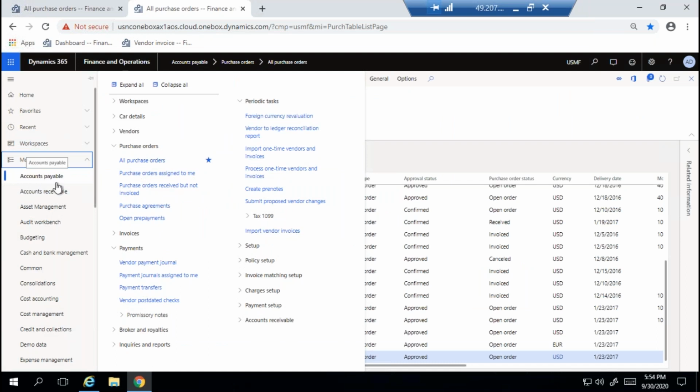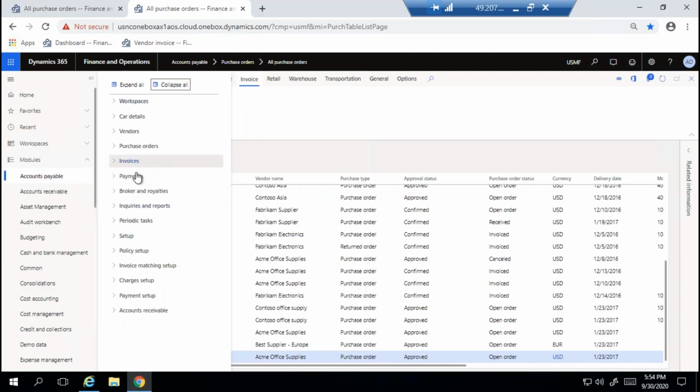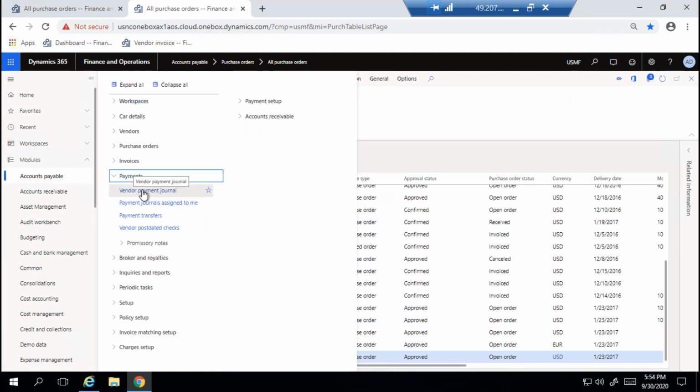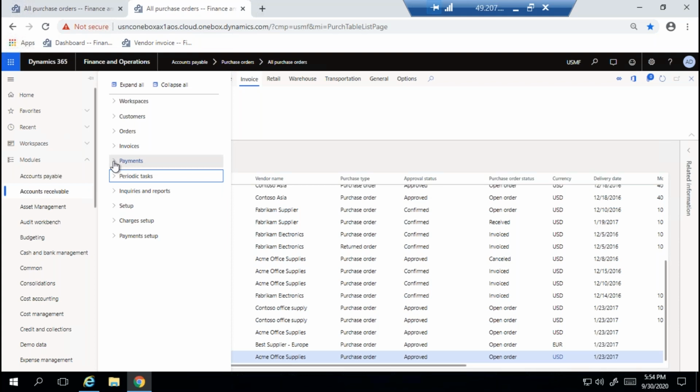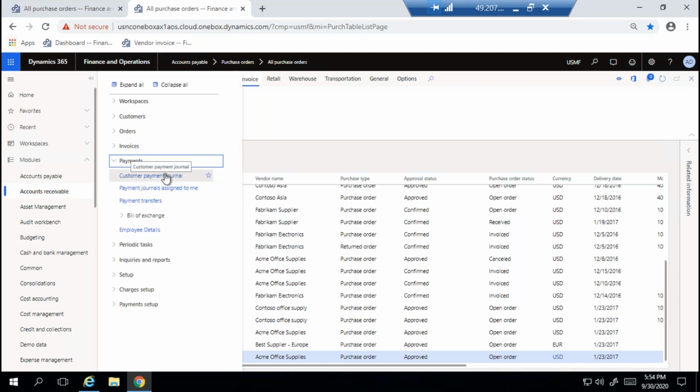Here, for accounts payable, whenever you are doing a payment, it is vendor payment, paying vendor. For accounts receivable, it is customer receipt. But actually, it was customer payment. Yeah, you are receiving the payment, so it is customer receipt.